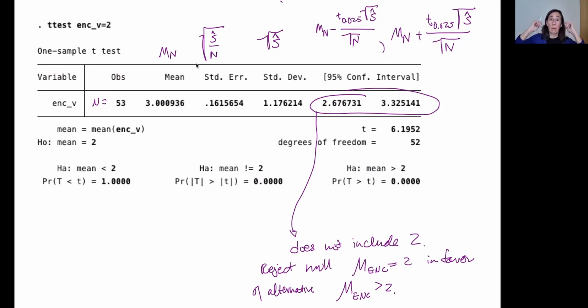I'm also hoping that you will be looking forward to the regression class, because the confidence intervals that you're going to be interested in most of the time are confidence intervals involving not sample means, but regression coefficients.